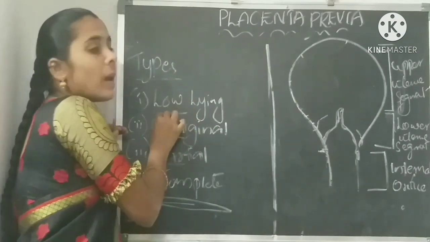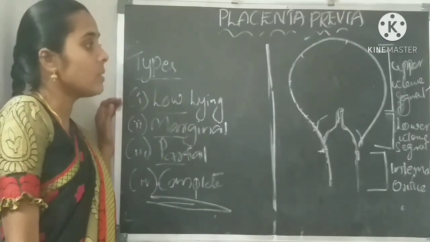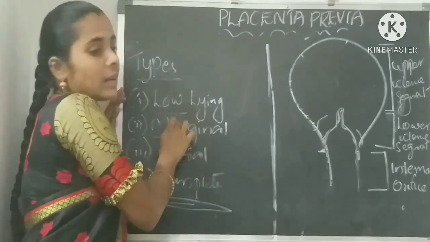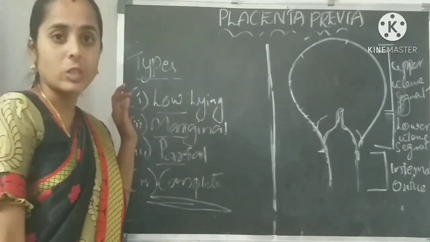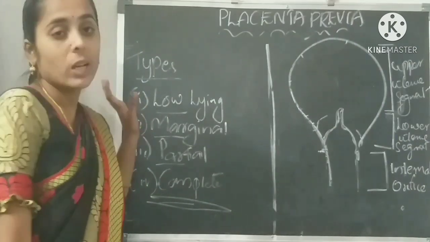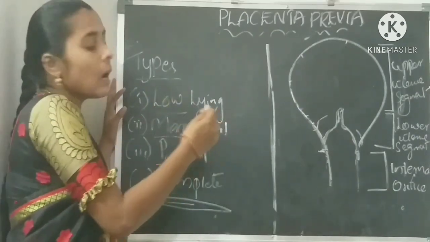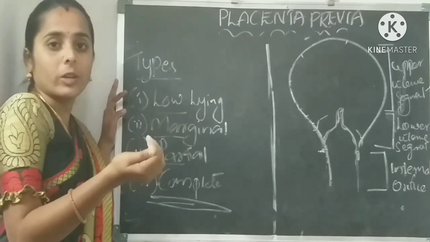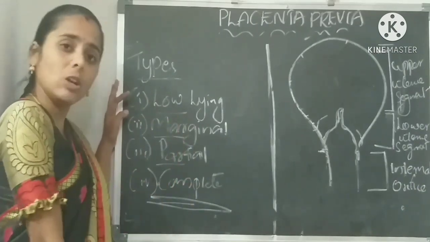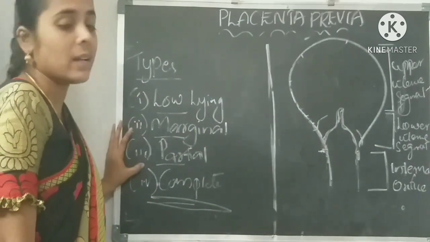So in low-lying placenta previa, the major part of the placenta is present in the upper uterine segment and the lower border of the placenta will encroach into the lower uterine segment. Next is marginal placenta previa. In marginal placenta previa, the placenta will touch the margin of the internal orifice, but it does not cover the internal orifice. Then it is called marginal placenta. Next is partial placenta previa.